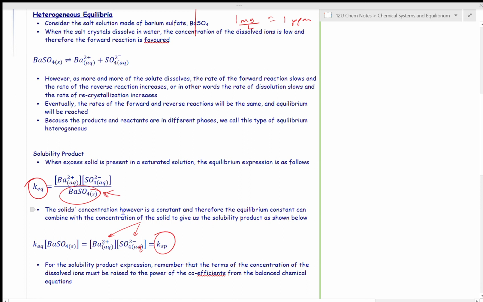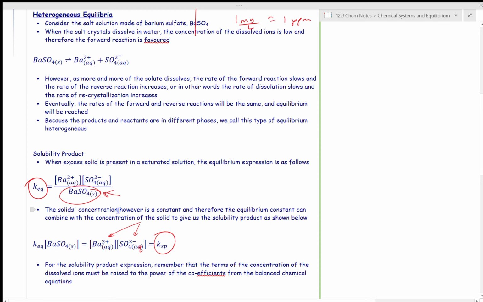But there's a problem here. One of the problems is that you have this small S subscript here, which represents solid. If I were to take a solid and look at how its particles are distributed, whether I have 100 grams of the solid or 50 grams or 1 gram, the distribution of all of the particles within that solid is equal, which means that solids have constant concentrations.